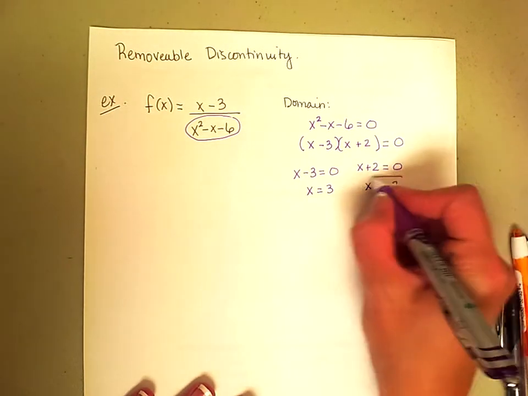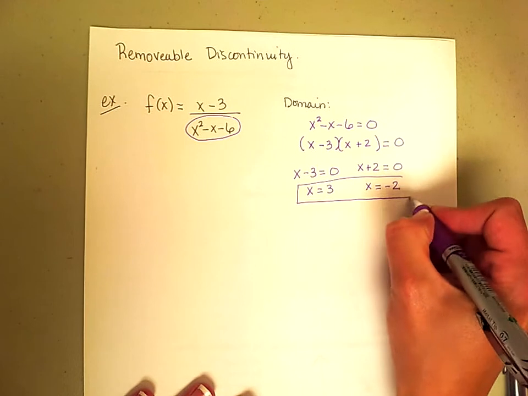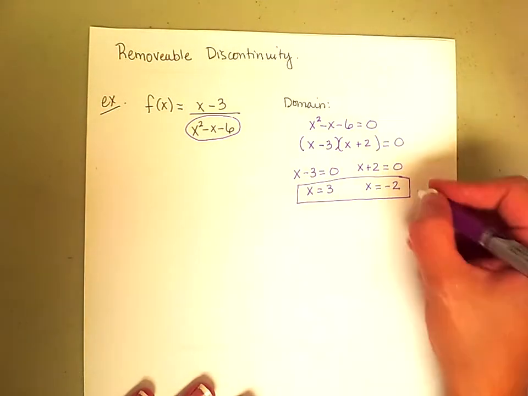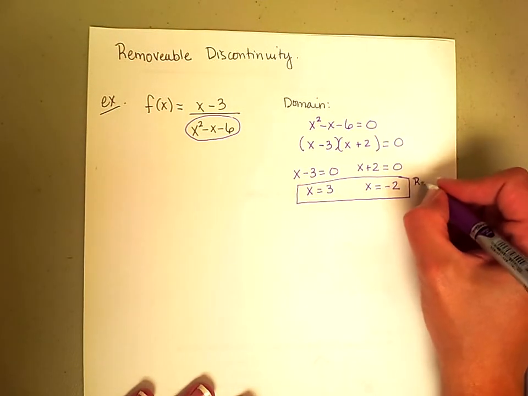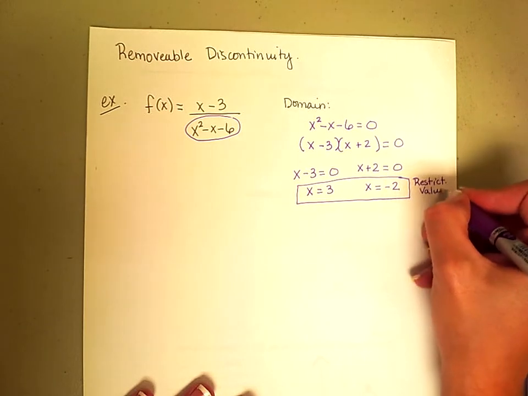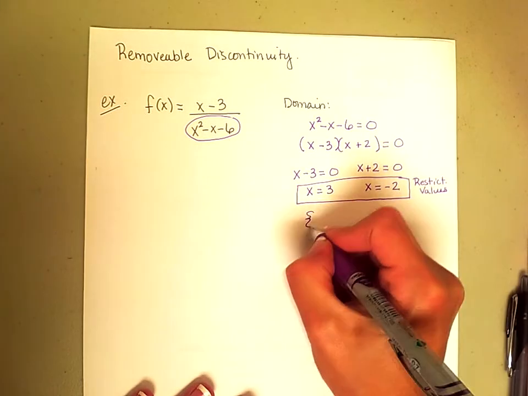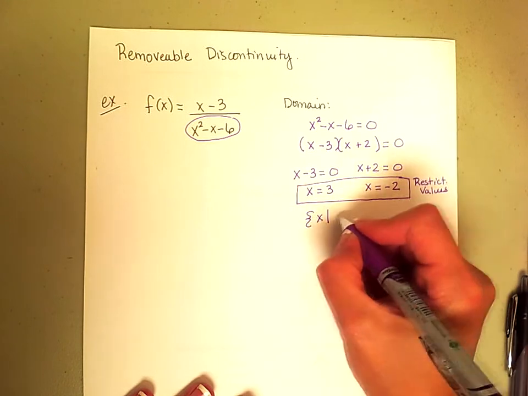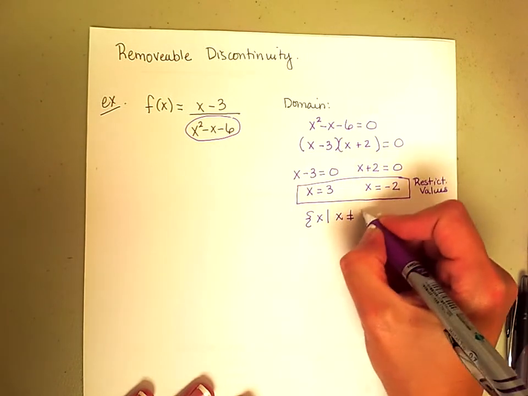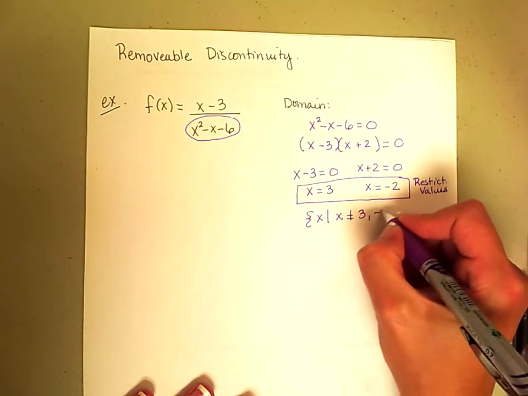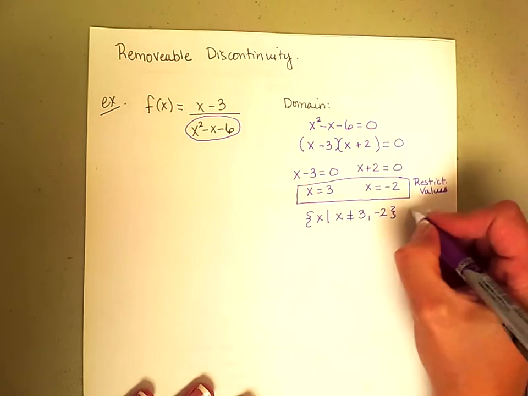And these will be our vertical asymptotes. Well, let me take that back. These will be our restricted values. So our domain is the set of all x, such that x cannot equal 3 and cannot equal -2. This is the domain.